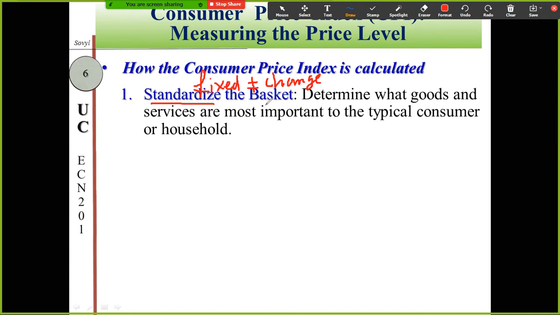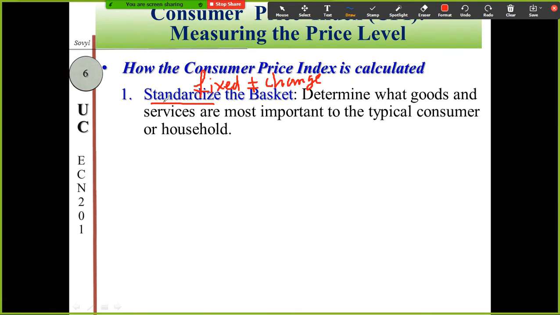When the basket becomes a standard, this basket cannot be changed for any period. That's why we call it a standard basket or fixed basket.